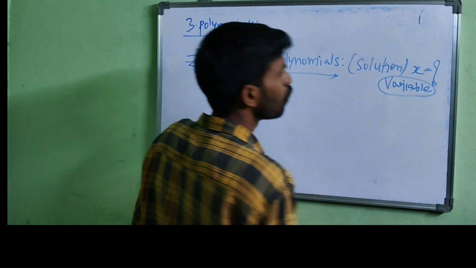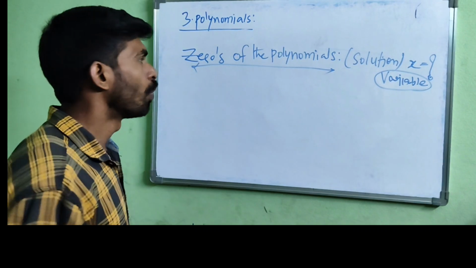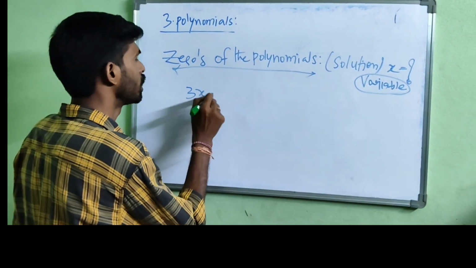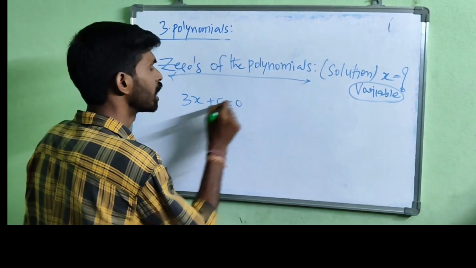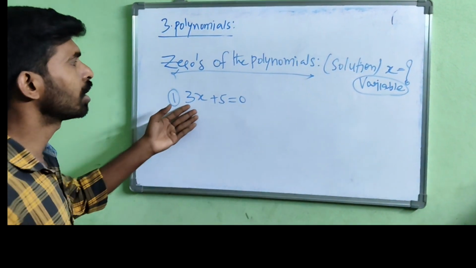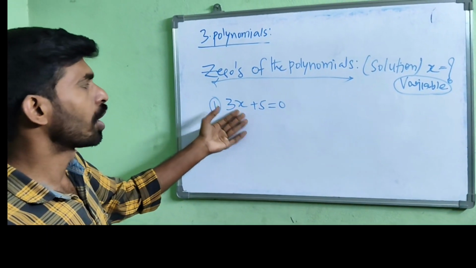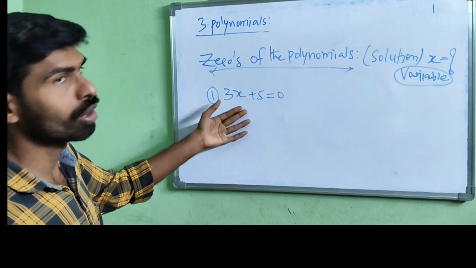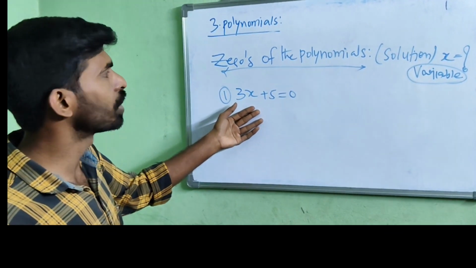What is the variable value? For example, 3x plus 5 equal to 0. What are the zeros of this polynomial? What is the zero of the polynomial, we need to find out.